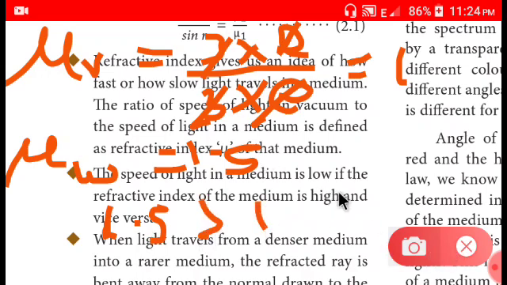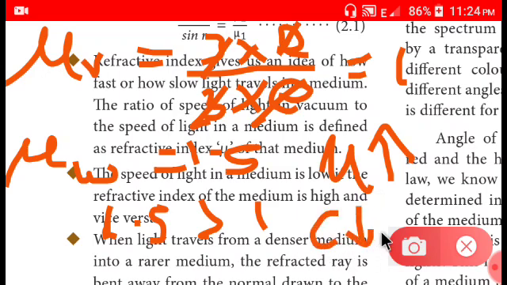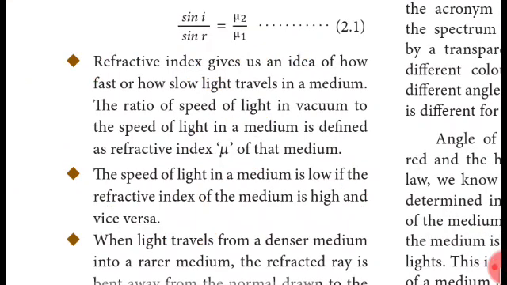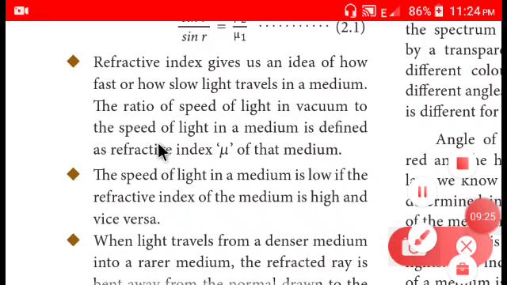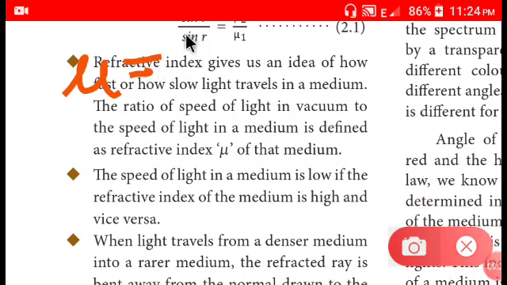So what this means is that if the refractive index increases, then the speed of light decreases in that medium. Take the example of diamond, which shines better. The refractive index of diamond is nearly, maybe, 4.